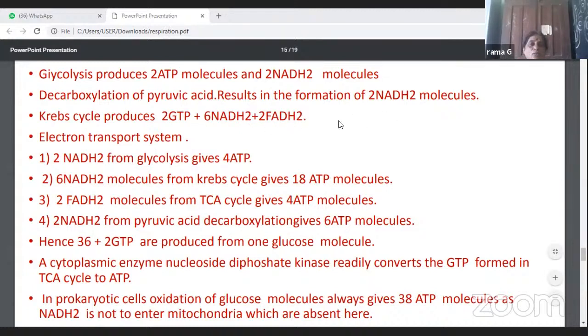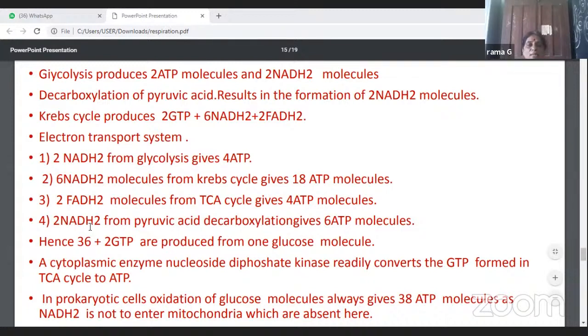These are 18 and these are 4, 22. And the 2 GTP, under the influence of the diphosphate kinase enzyme, are changed into ATP. So total GTPs are 2, which means 2 ATP molecules are produced. Here 18 plus 4, 22, plus 2, 24.